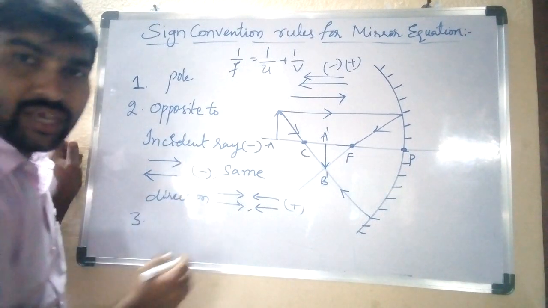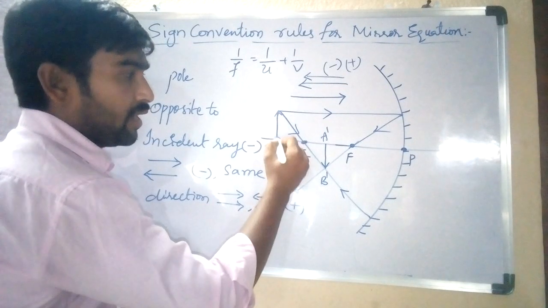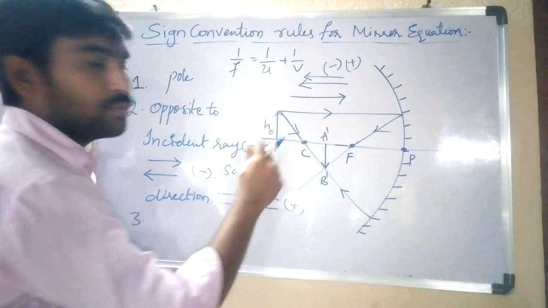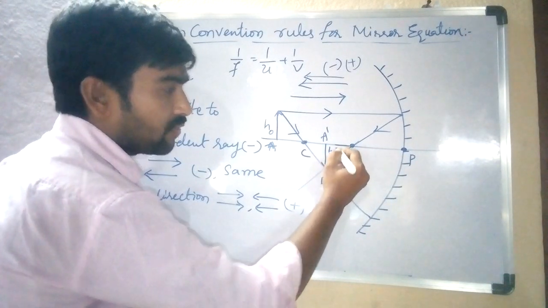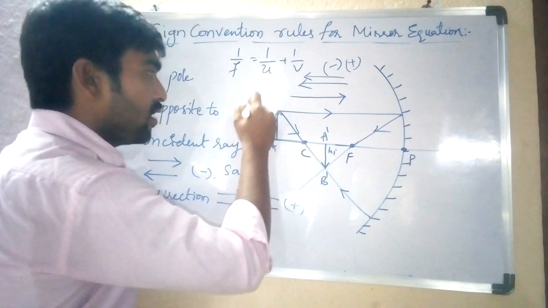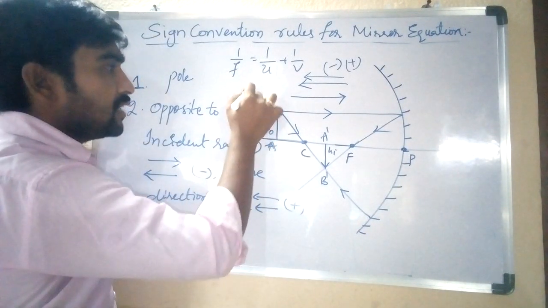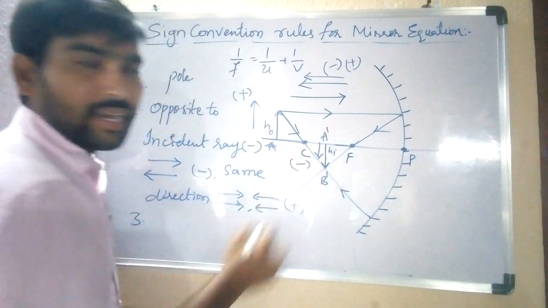Then the third one: here AB, this is A, this is B, indicates the height of the object, HO. Then A dash B dash is the height of the image, HI. When we are measuring upwards of the principal axis, that is positive. When we are measuring downwards, it is negative.